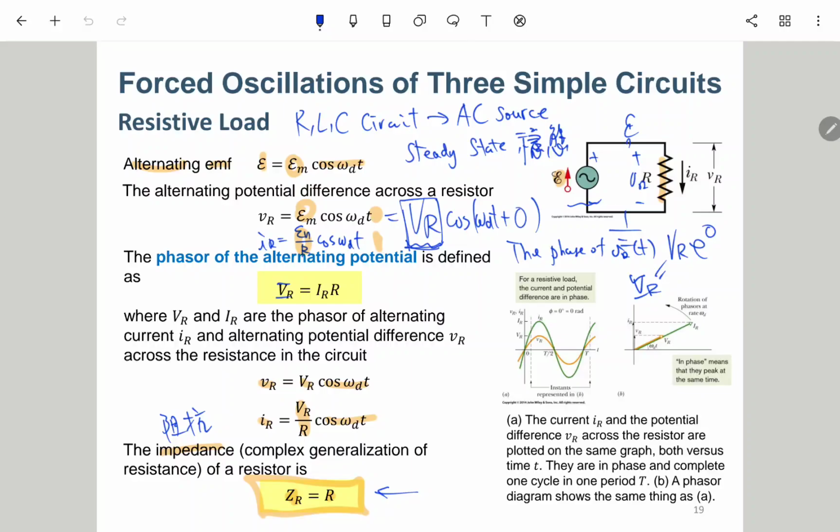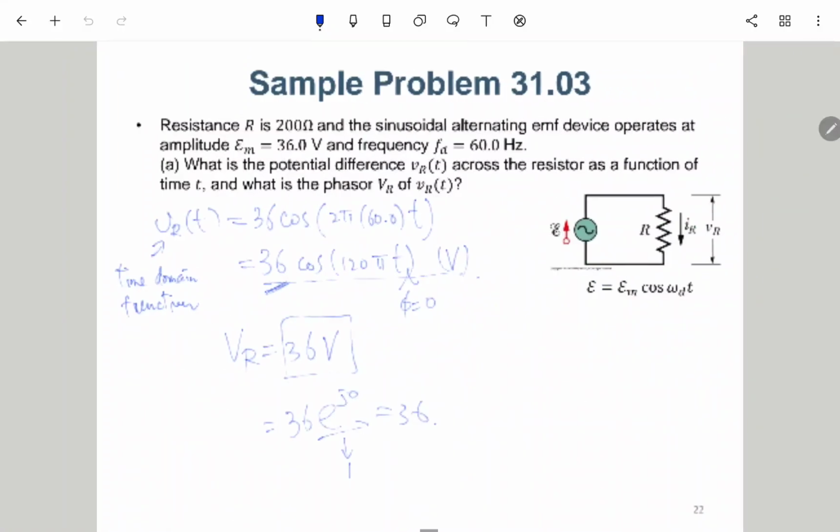Also, if the circuit is stable, the complementary solution always tends to 0 for large T. When T is large, the complementary solution will decay to 0. In that case, we usually only consider the steady state, which means the sinusoidal response related to the input. This is the quick shortcut.